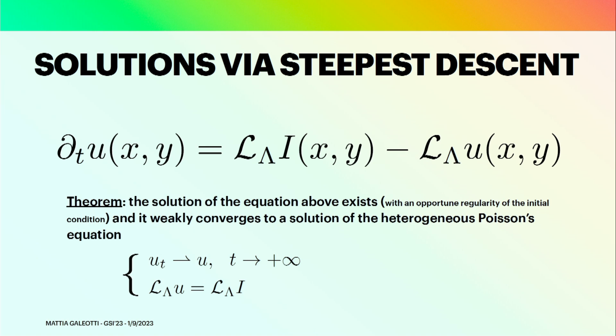In our work we prove that the solution of the equation above, so this steepest descent, exists with opportune regularity conditions, and it will converge, with the time tending to infinity, to a solution of the heterogeneous Poisson's equation, meaning that if we make the time tend to infinity we obtain a function which is effectively a solution of the Poisson's equation, which we can see exactly below in this slide.